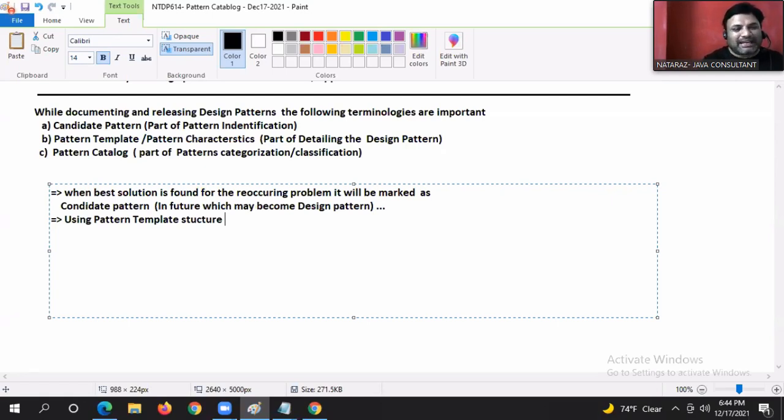Using the pattern template structure, the details about the candidate pattern will be prepared, having the following details. Yes.